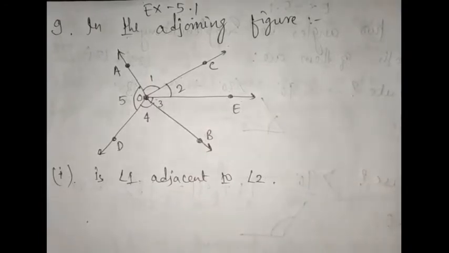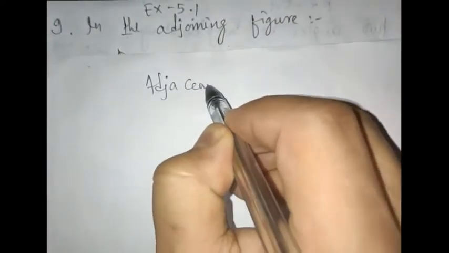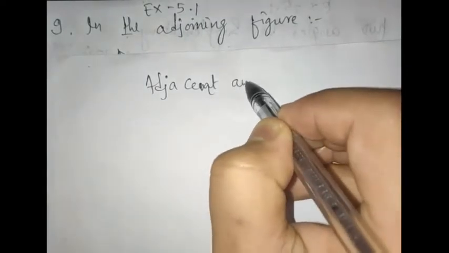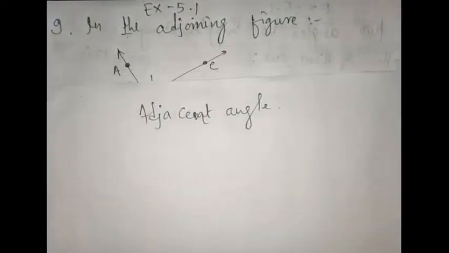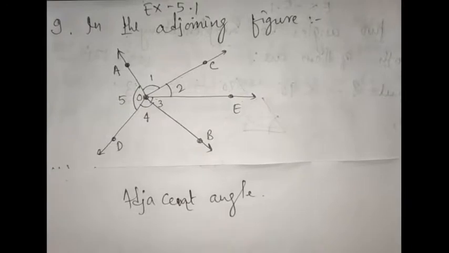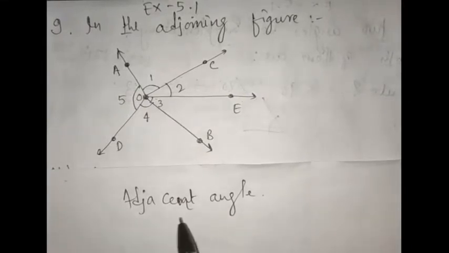In the introduction video of the first class I explained what an adjacent angle is, but I am revising the concept. If an angle is adjacent, what are the properties?